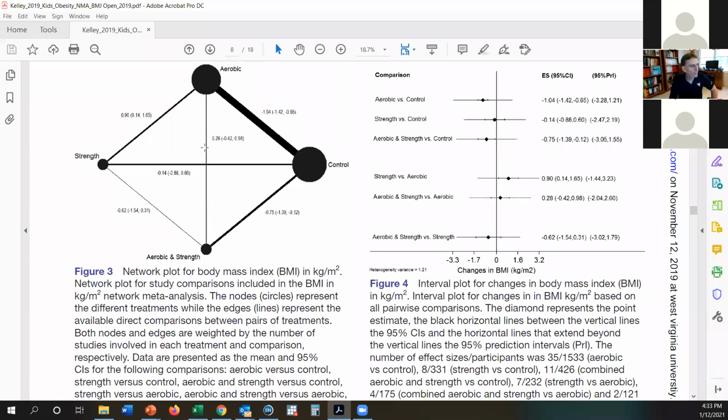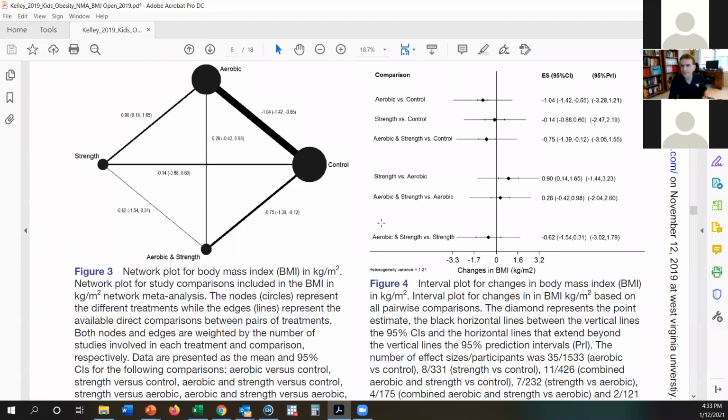So this is what we call a network plot, these lines and these circles. And the circles that you have here, what we call nodes.